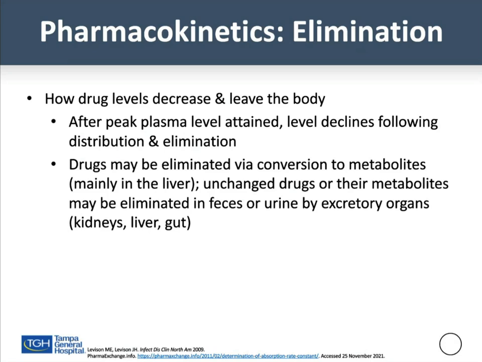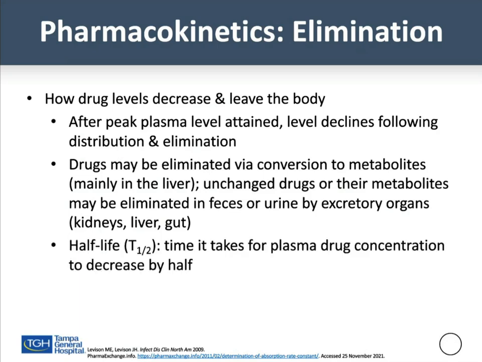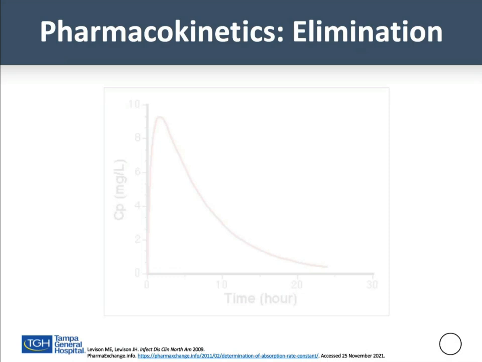Now, these drugs can be eliminated via their metabolites or as unchanged drugs, so there are different ways that this can happen. And we will commonly be saying a phrase called the half-life of the drug. What that means is the amount of time for the concentration of drug to decrease in half and then decrease in half again. So that's something from a pharmacist standpoint that we're always considering.